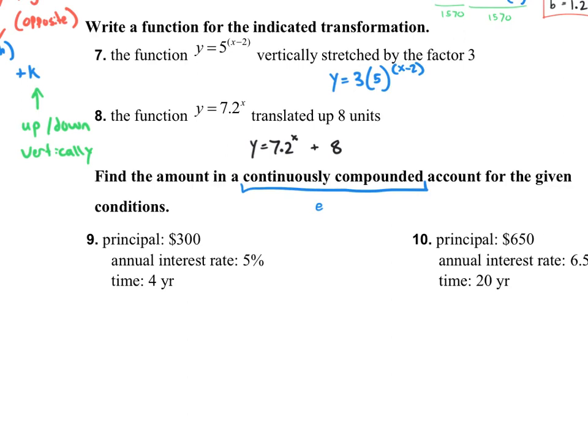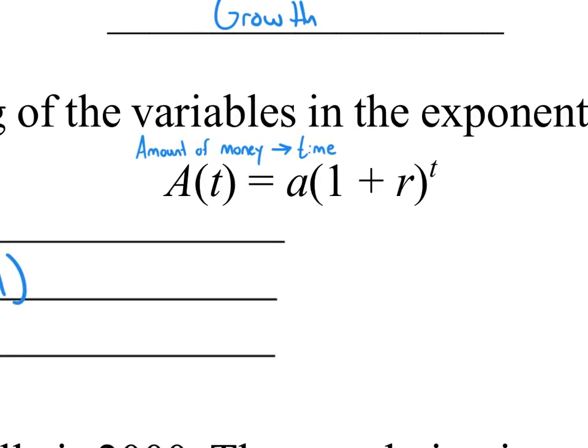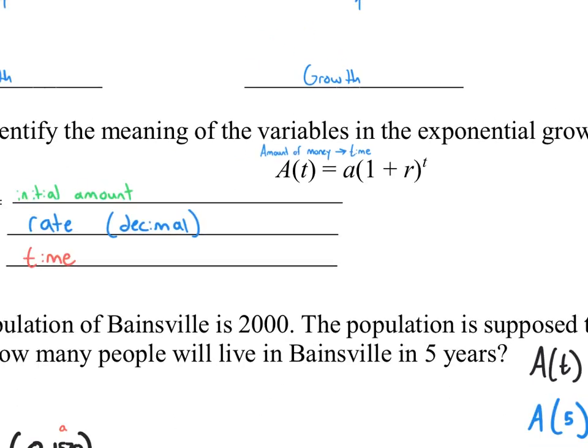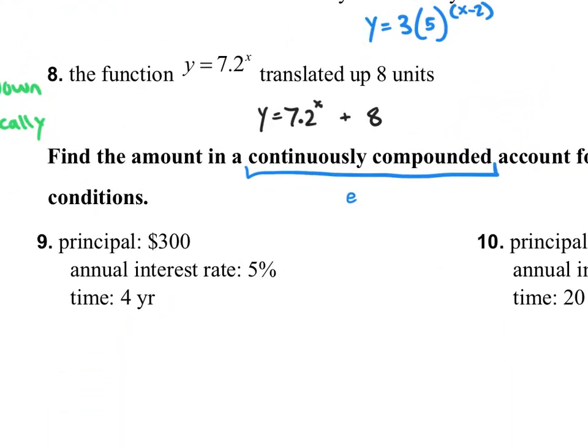Continuously compounded means they'll do more than just wait until the end of the year to give you interest. This model assumes they only look at the amount of interest they're going to be giving you once a year. You can do other amounts such as monthly or weekly or daily. There are lots of different ways to compound interest.